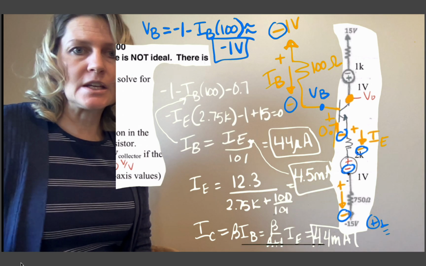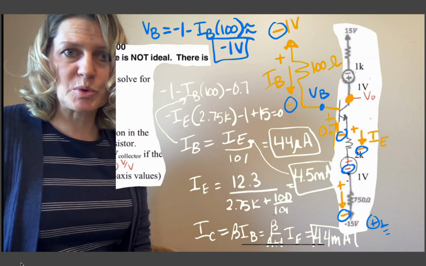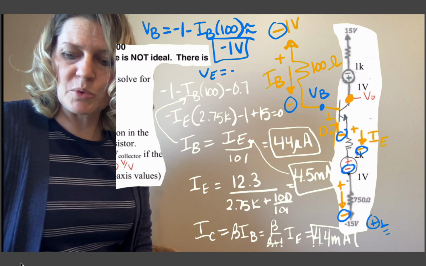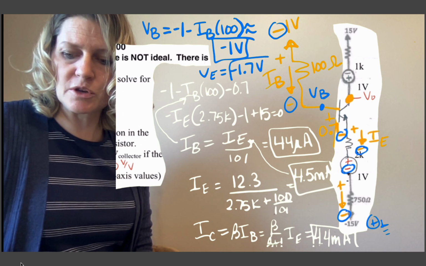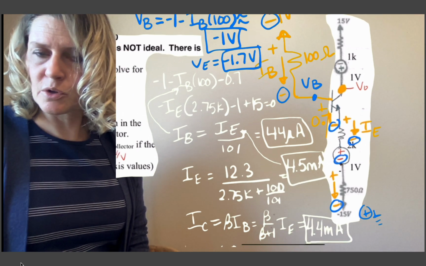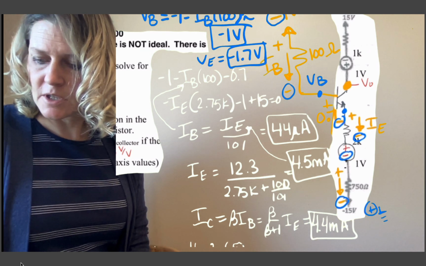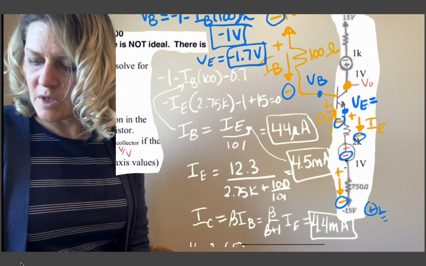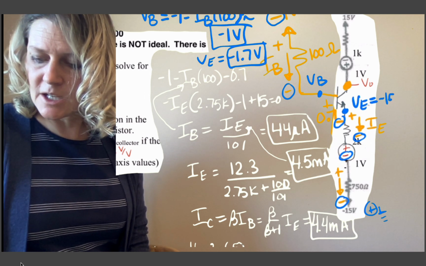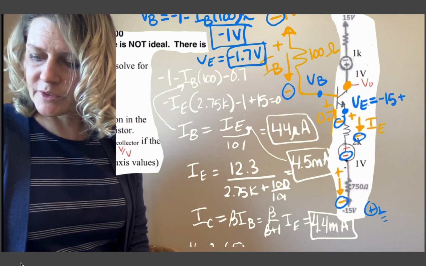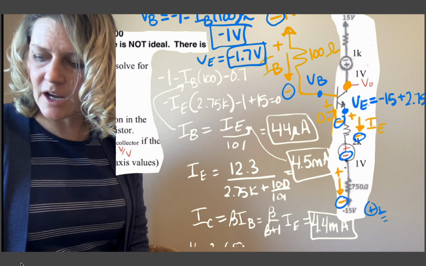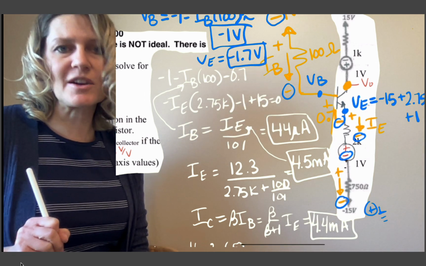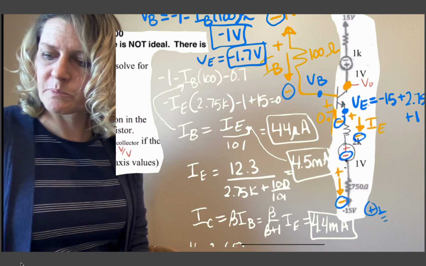And then VE, you can either take this -0.7, so VE would be minus 1.7 volts, or you can take the loop down here, which would be -15 plus 2.75K IE plus 1, and you should get approximately -1.7 also.